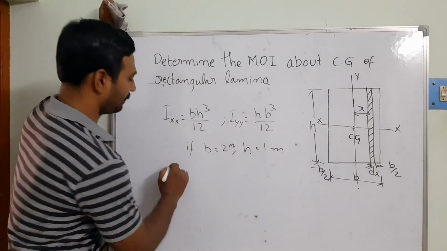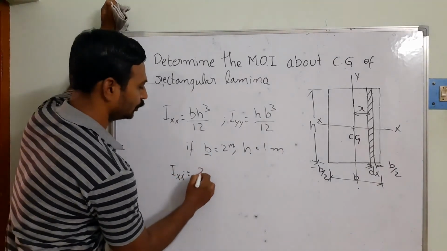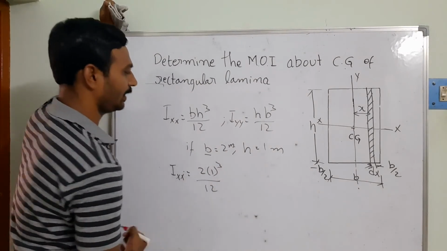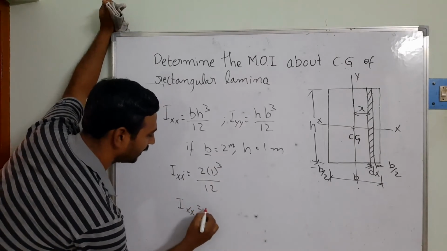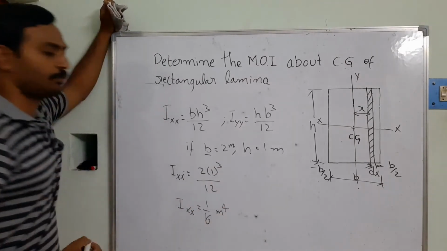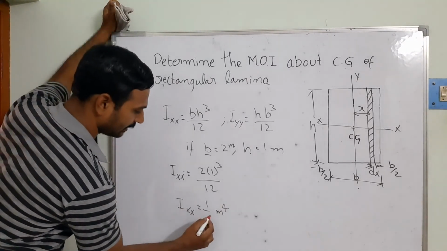So then what will happen? Ixx is equal to, what is the formula? B is equal to 2 and H is equal to 1 cube by 12 we are getting. So then from this Ixx is equal to 1 by 6 meter to the power of 4 I am going to be getting. So that means 1 by 6 only we are getting here.